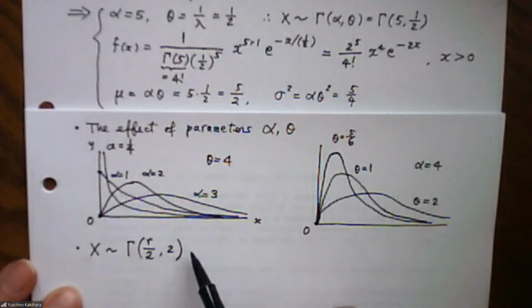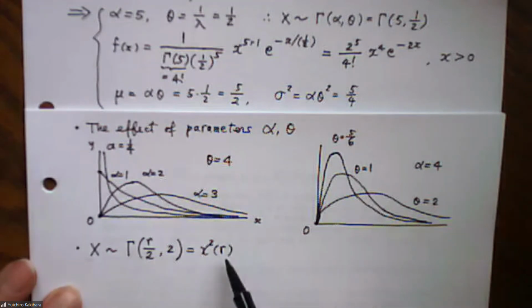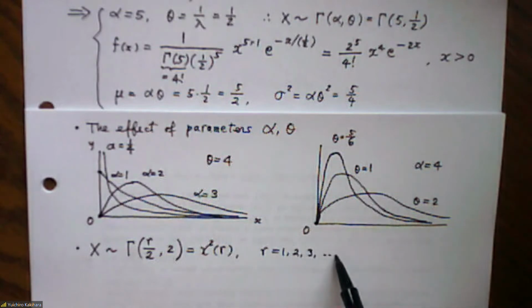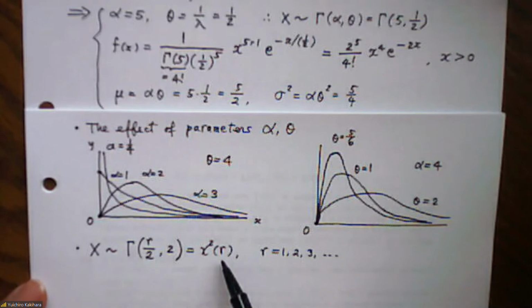And this is denoted as chi-squared of r, where r is any positive integer. You will see that r is the degree of freedom.